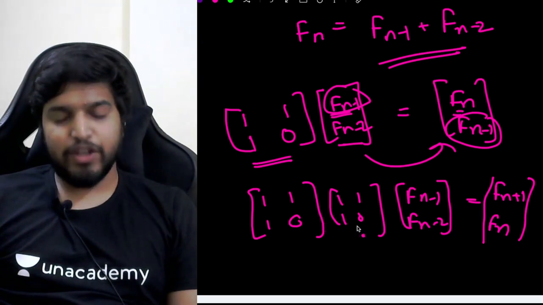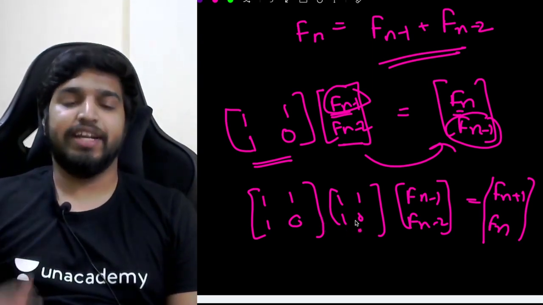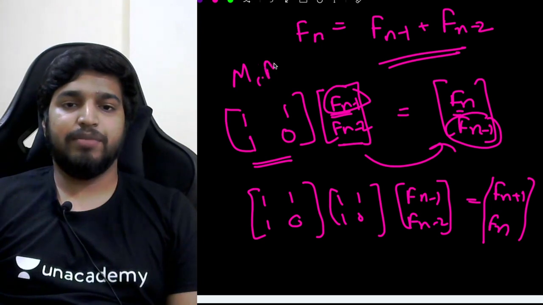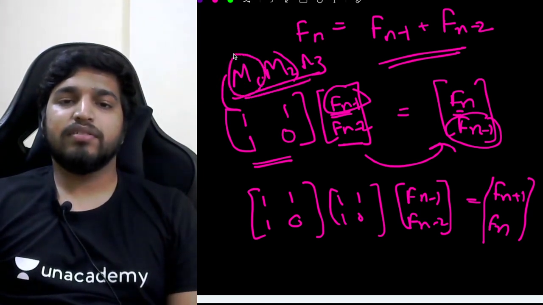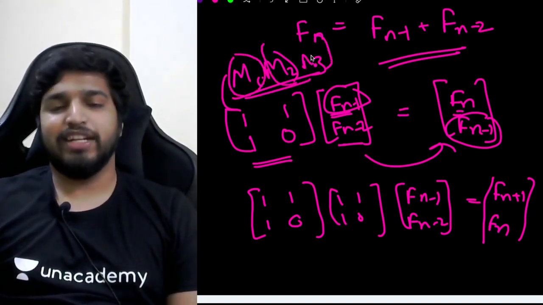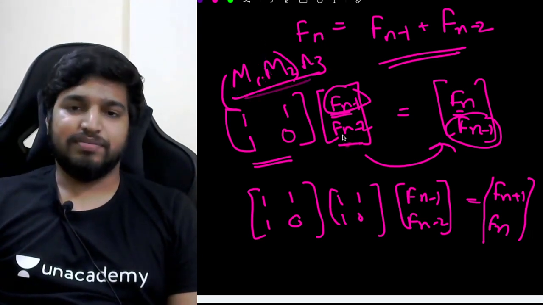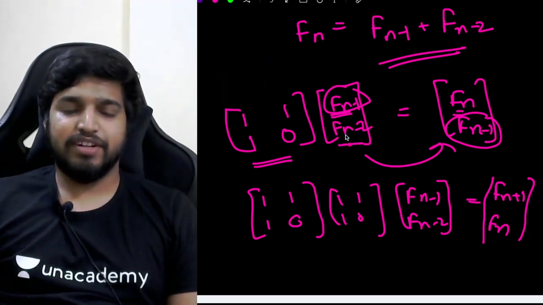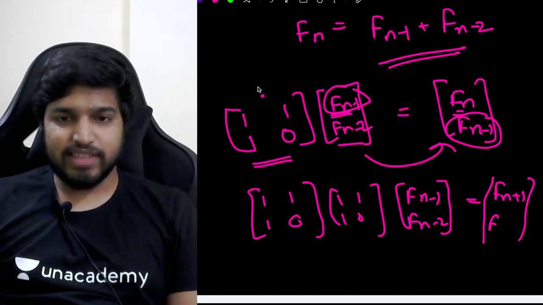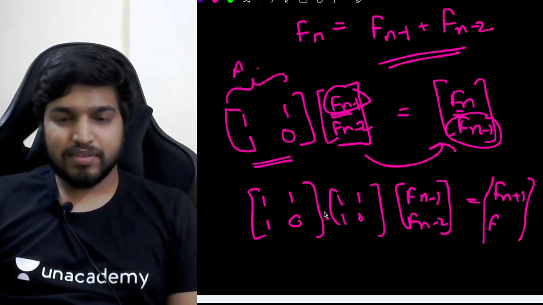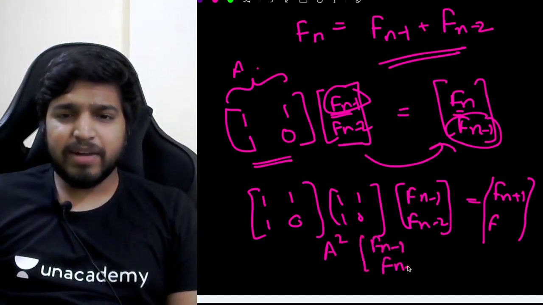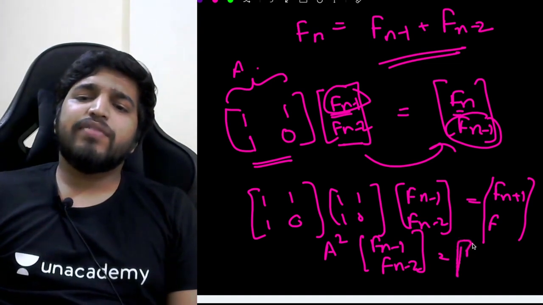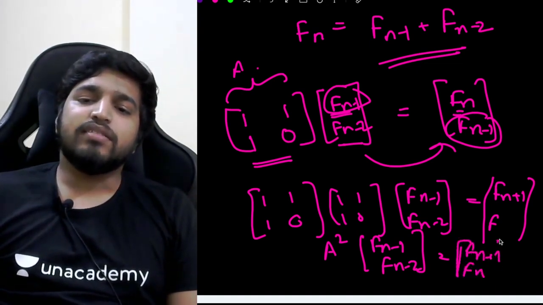And since we know that matrix multiplication is associative, that is M1 into M2 into M3, you can do this in any order. You can treat them as numbers, essentially. Got it? If you call this A, A square into Fn minus 1, Fn minus 2 will give you Fn plus 1, Fn.